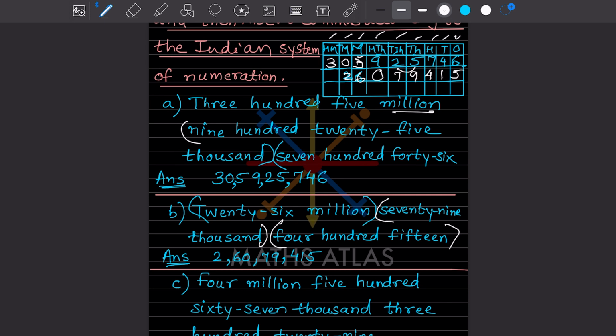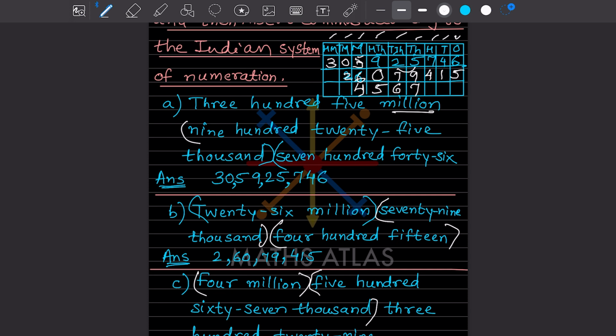Now let us go for the next problem. So next problem, what does this say? That is 4 million. This is 4 million. So where are you going to put it? Here, okay? 4 million. Then what does this say in the second one? 567,000. So where are you going to write here? 567,000, okay?